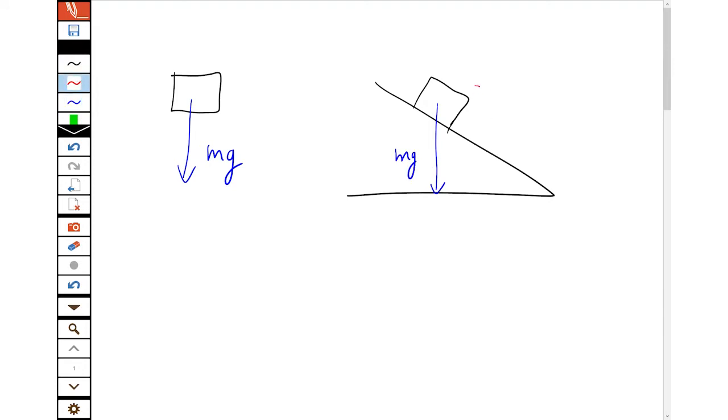It could only move along the slope. So this is a case where we would very often take tilted axes. We'd have a tilted x-axis along the slope and a tilted y-axis perpendicular to the slope, because then it'd be much easier to calculate the accelerations. So we want to break up this weight into components.